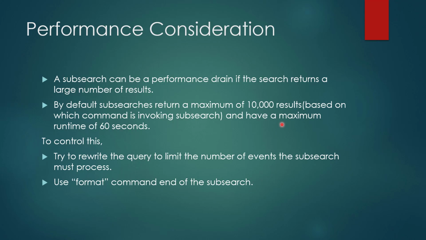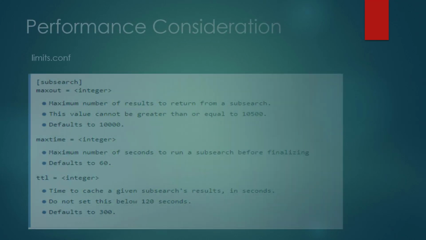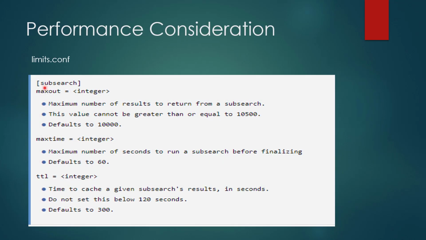If these two things are not possible, then in Splunk limits.conf there are a couple of configurations: maxout, maxtime, and ttl. The maxout is that 10,000 limit, maxtime is that 60-second limit, and ttl is the time to cache a given search result in seconds.